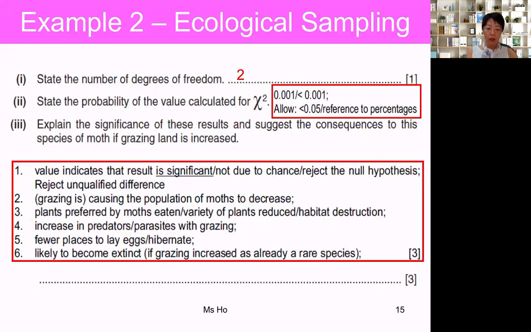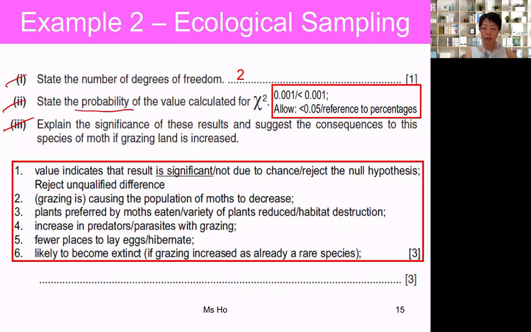All right. Okay, I like this question here. So after you have gotten your result, they ask you to explain the significance of these results and suggest the consequences to this species of moth if grazing land is increased. You see, these are the questions given, right? So up to this state here, they ask you for probability.